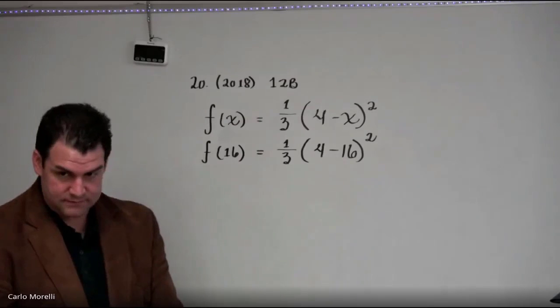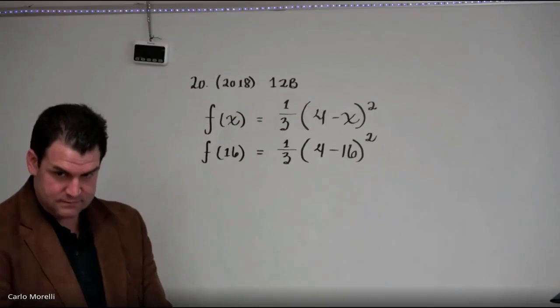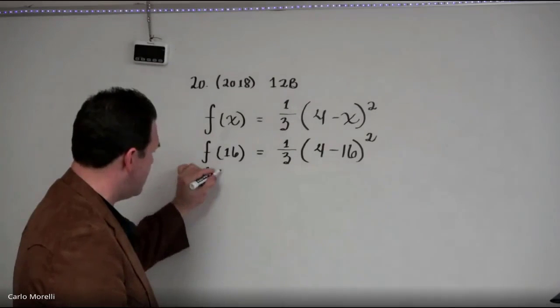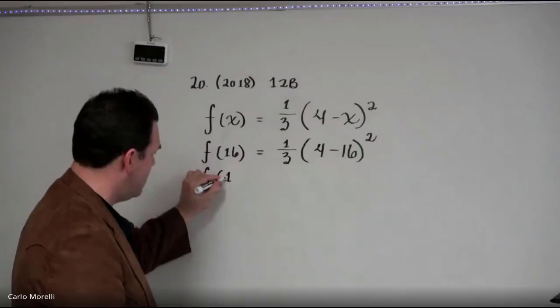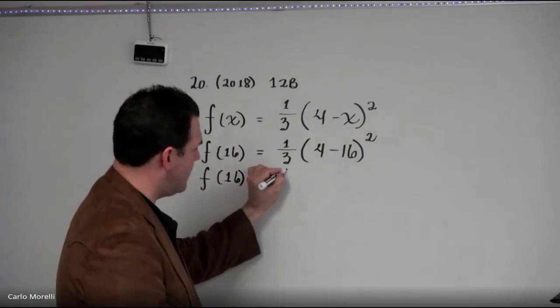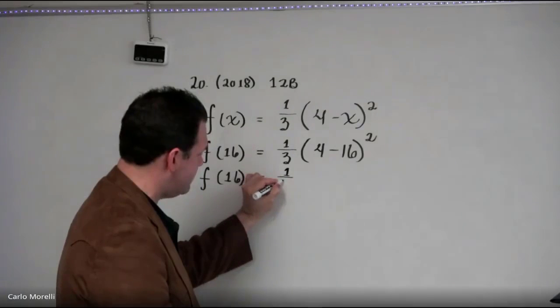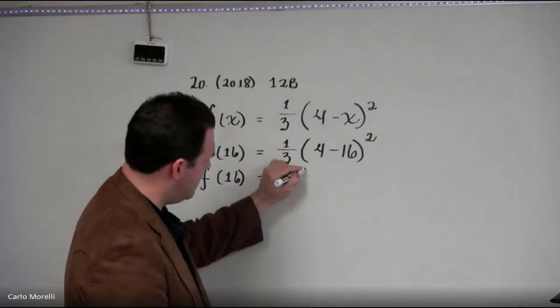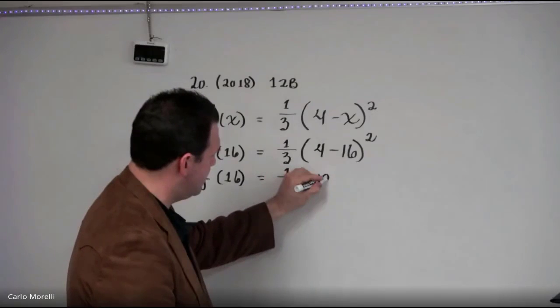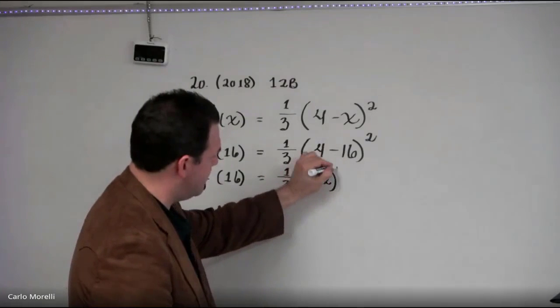Negative 12, right? Okay, so we're going to rewrite, so much of algebra is just rewriting. Rewrite f of 16 equals 1/3 times (negative 12) squared.